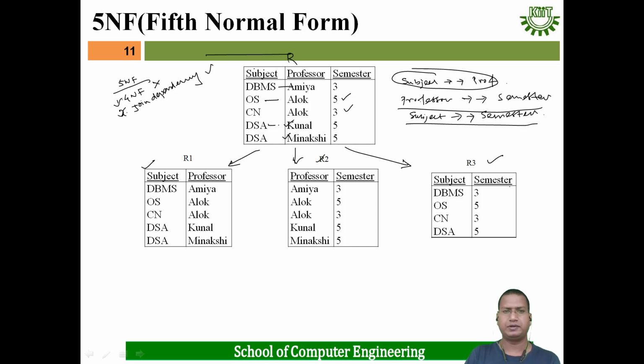Once all the multi-value dependencies are handled, check whether R1 is in 4NF or not. A relation will be in 4NF if it is in BCNF and there are no multiple multi-value dependencies. Mainly, when only two attributes are there and a multi-value dependency is there, that will not create any problem.